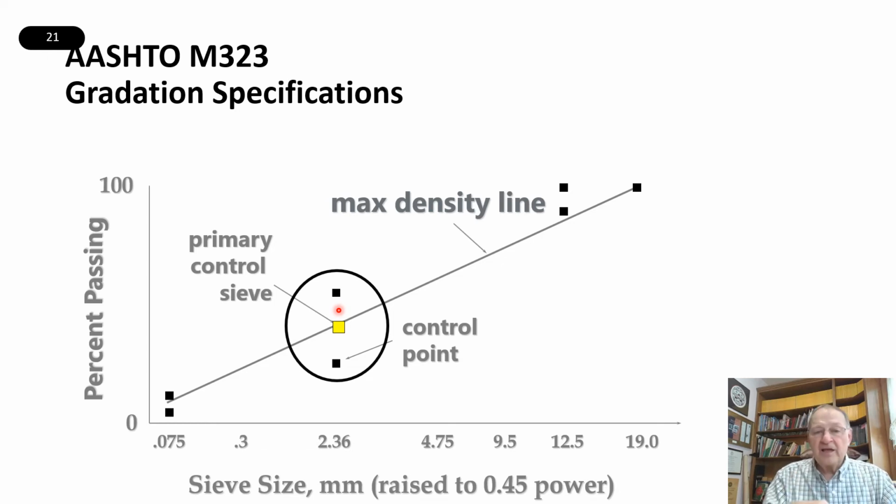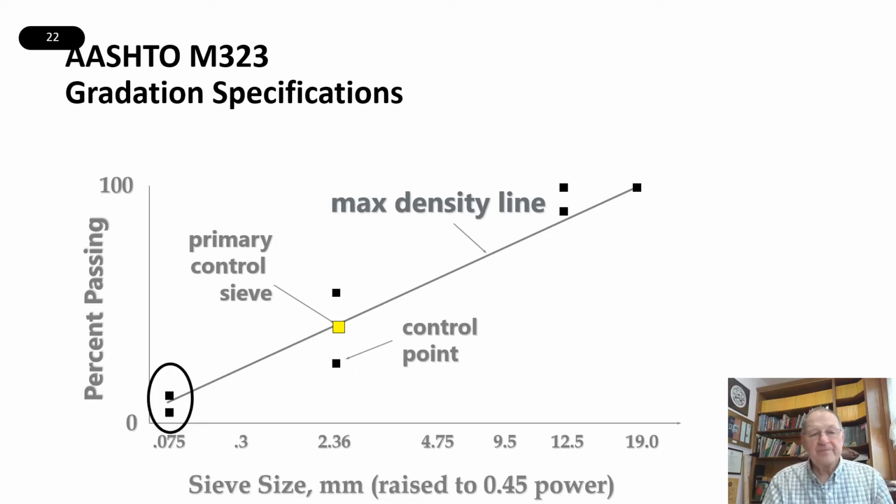So as a result, there will be numerous places where the smaller size particles are going to be holding apart the larger size particles because there's too many of the small size particles. So that is a fine graded mixture, meaning that the fine aggregate will play a larger role in controlling the properties of that mixture. So that is how they decide where to put this primary control sieve.